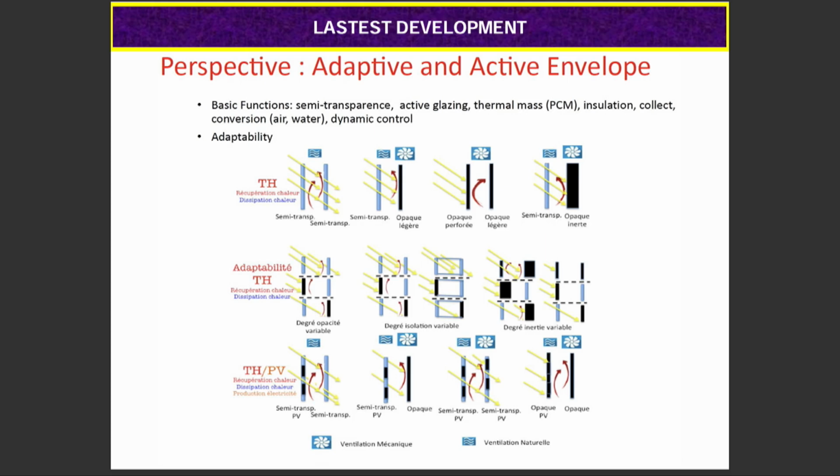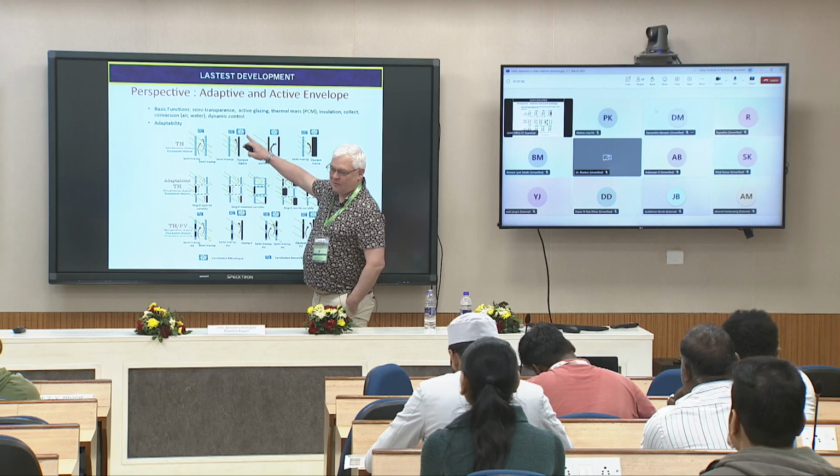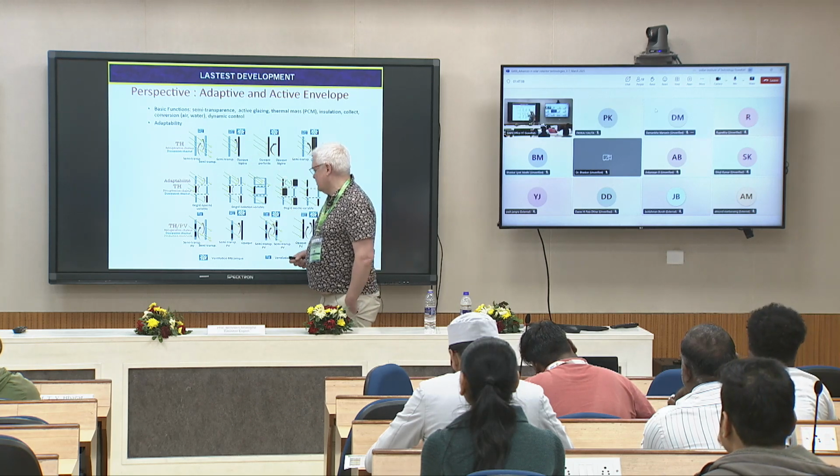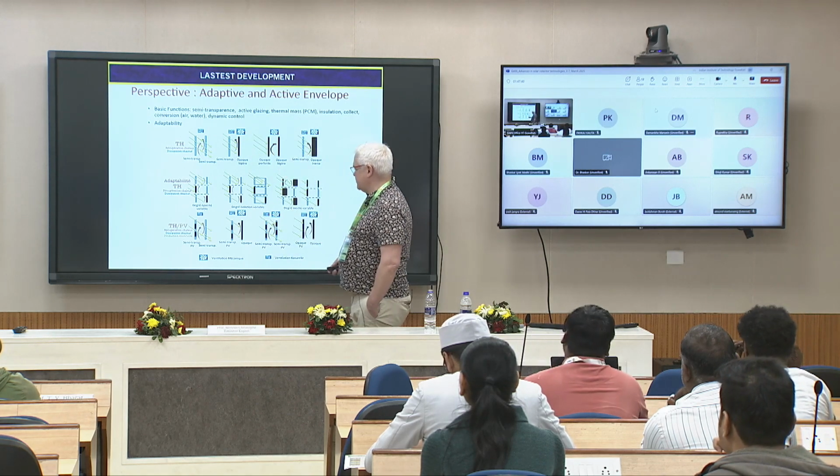So, it could be non-uniform, on one side, partially, or fully. It could be used naturally or mechanically, so there are different configurations.